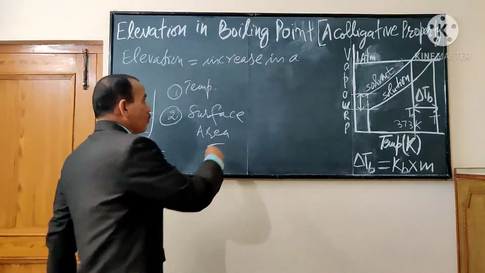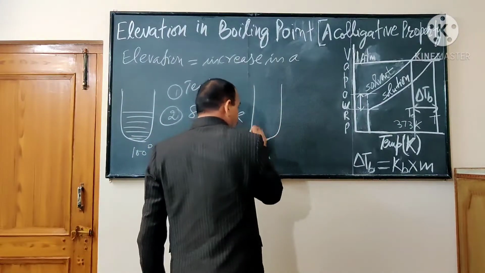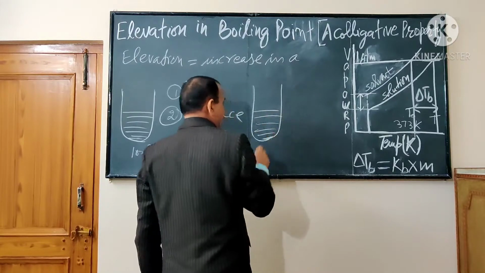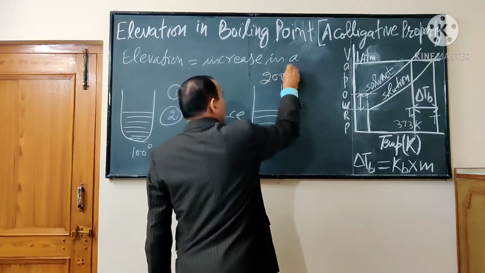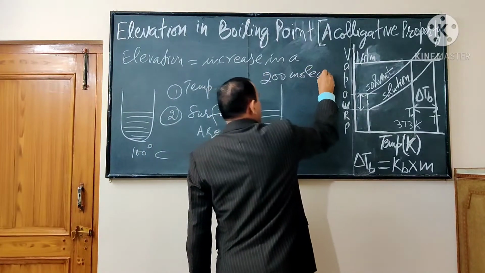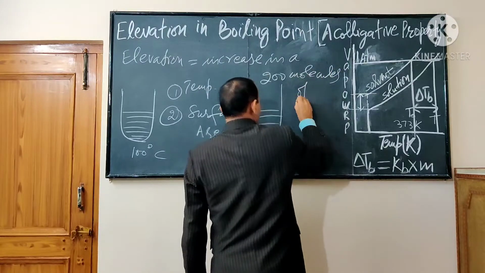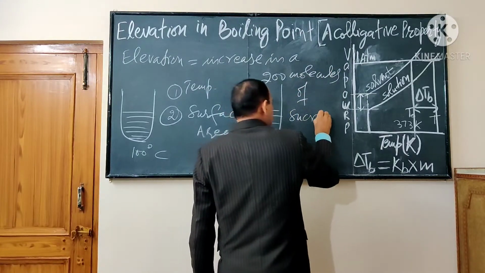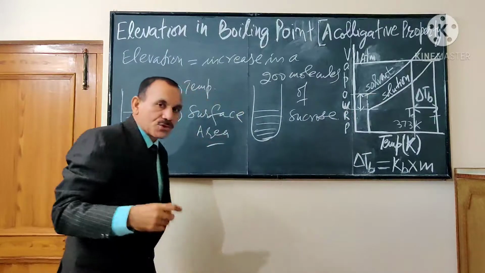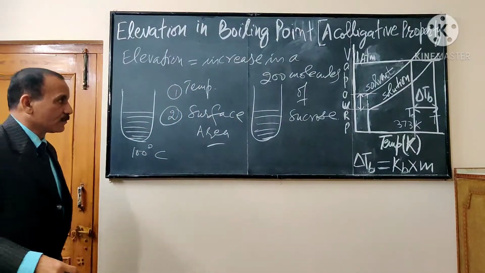To the pure water we add, let's say, 200 molecules of sucrose. Now we have a solution of sucrose in water.